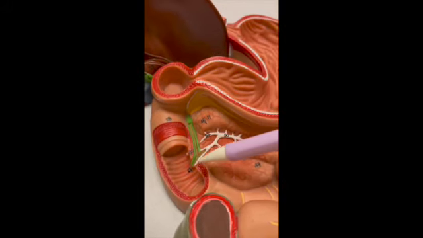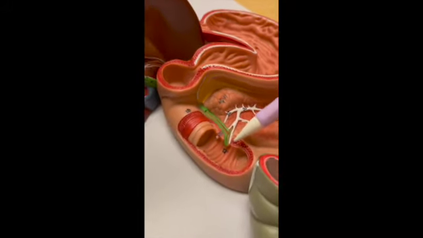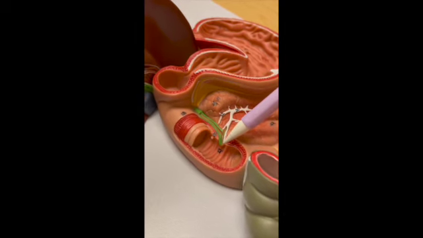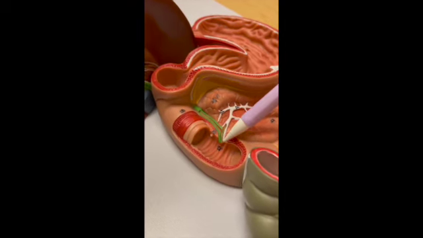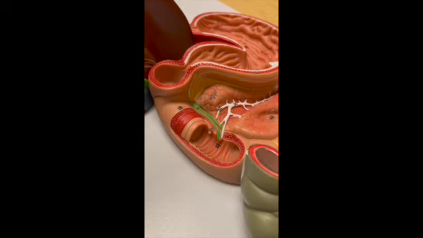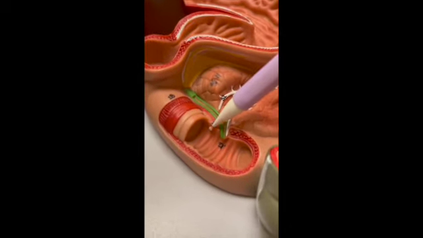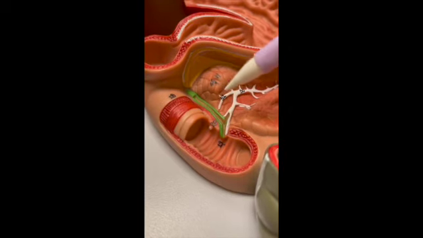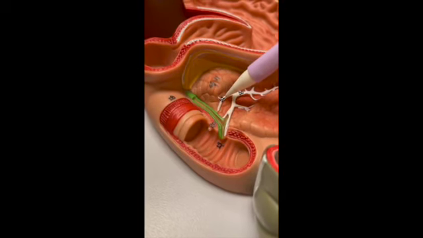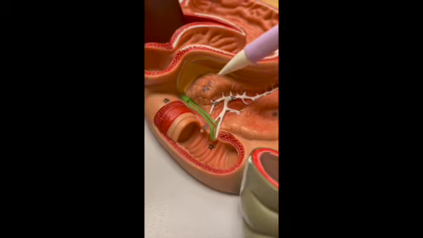And once those two merge, they're going to empty into the duodenum at structure number 19, which is the major duodenal papilla. You see structure number 20 right here, that's our minor duodenal papilla, and it only gets the accessory pancreatic duct.